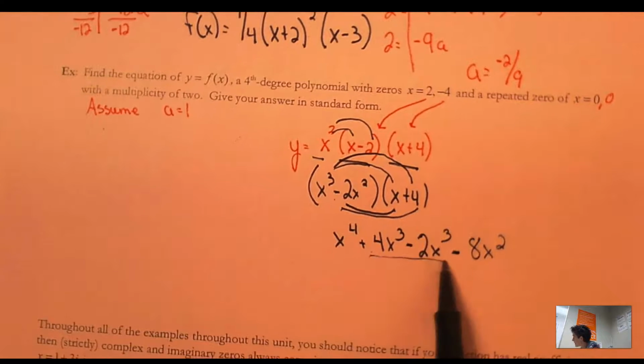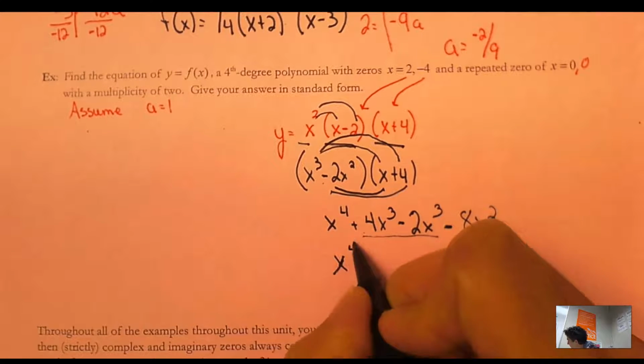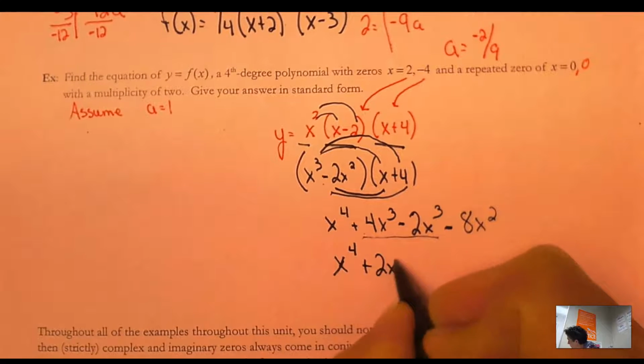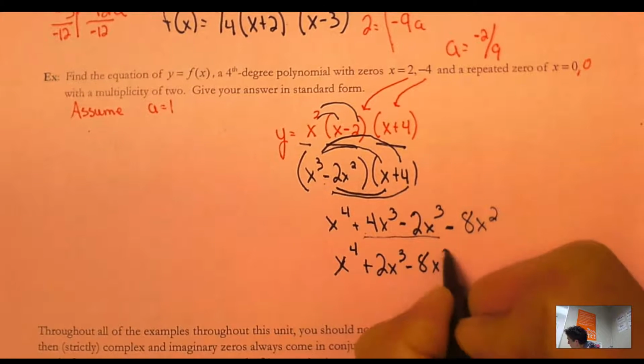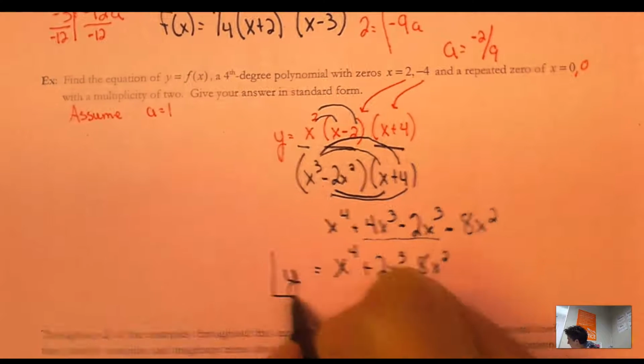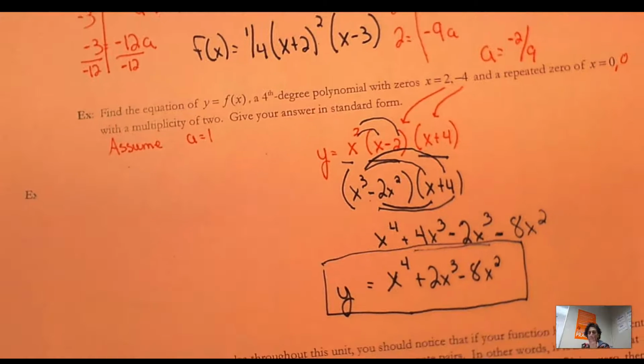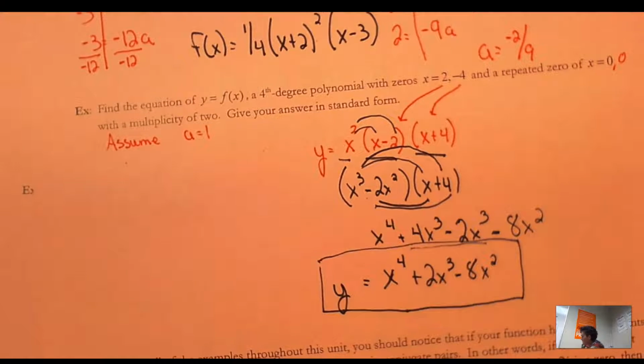And then I'll just combine these like terms. And I would get my function. So I started with y. It actually said f of x, but oh well. Okay? All right, last one.